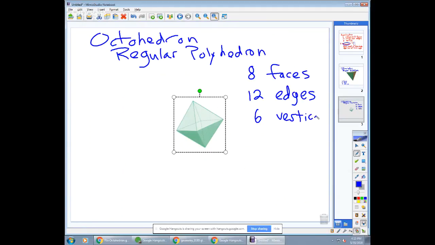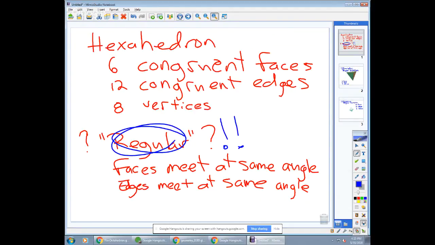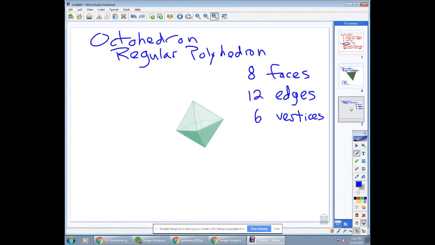Did we already see something like that? 8 faces, 12 edges, 6 vertices. Oh, it's backwards of the hexahedron. The hexahedron is 6, 12, 8. The octahedron is 8, 12, 6. Interesting. Might that mean something? I don't know. Let's see.